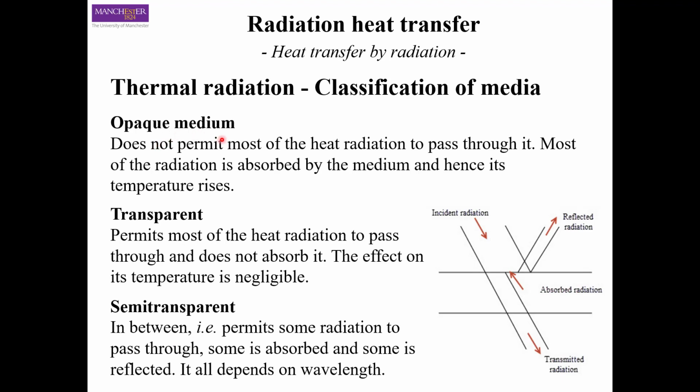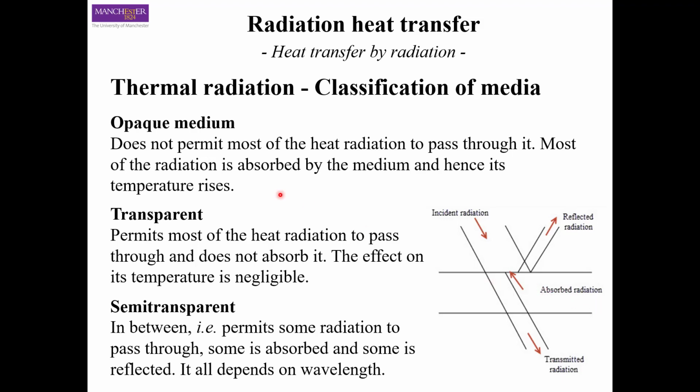An opaque object is, for example, this object here. If incident thermal radiation hits this object and the major part of the radiation gets absorbed, it means that the energy stays inside the object.